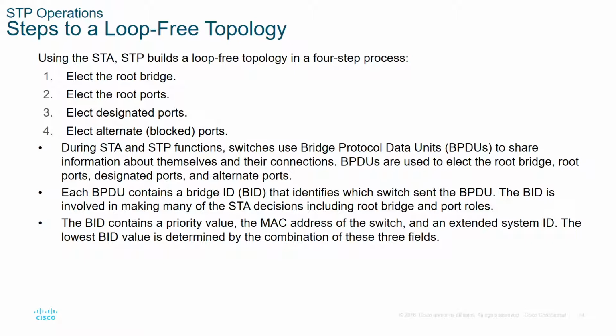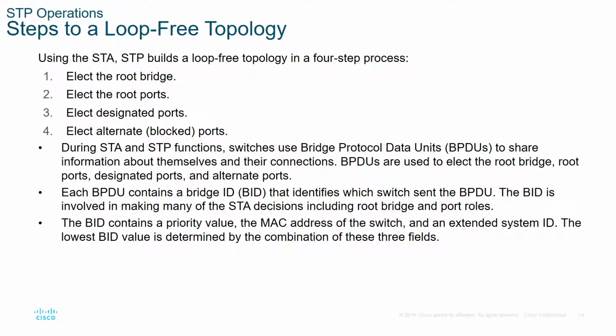Each BPDU contains a bridge ID that identifies which switch sent the BPDU. Every BPDU will have this bridge ID in it identifying the switch that sent the BPDU. The bridge ID is involved in making many of the spanning tree algorithm decisions, including root bridge and port roles.